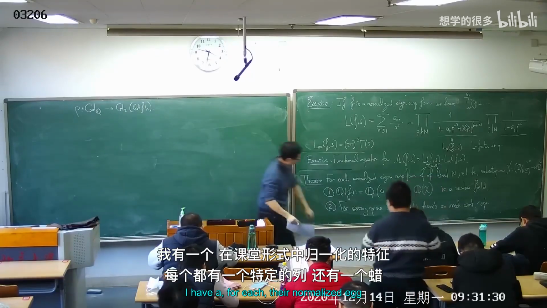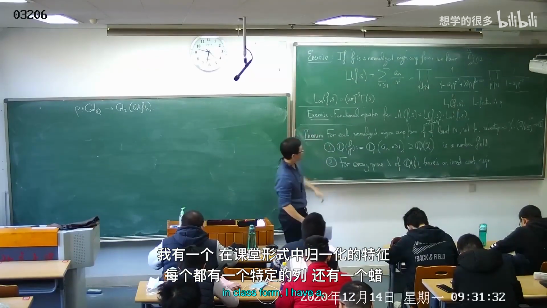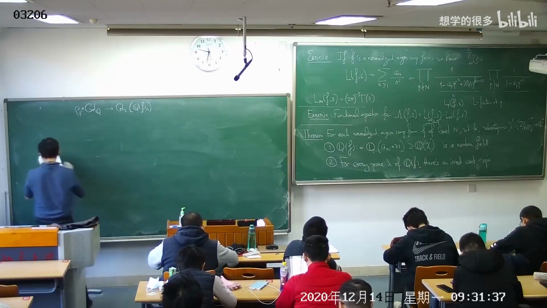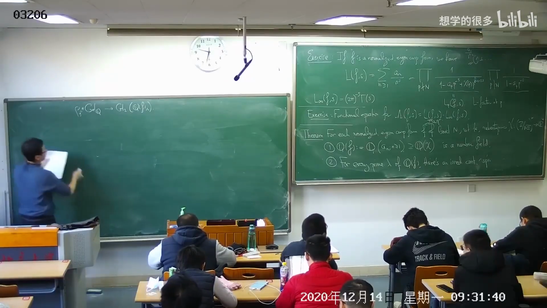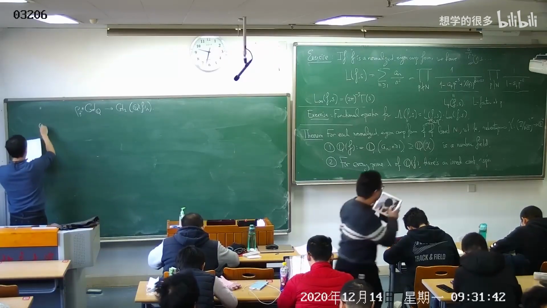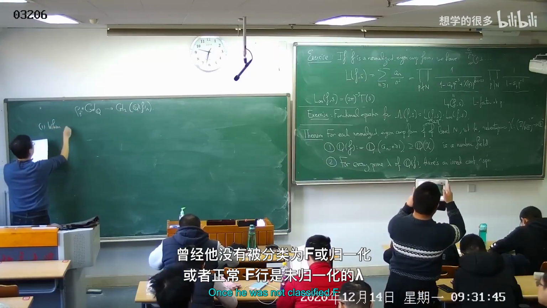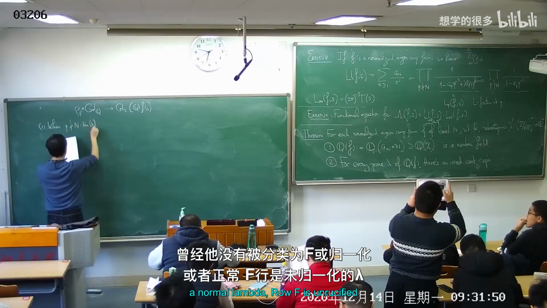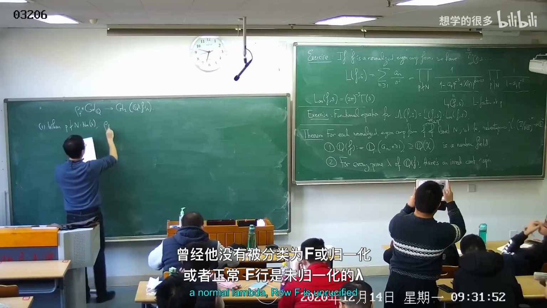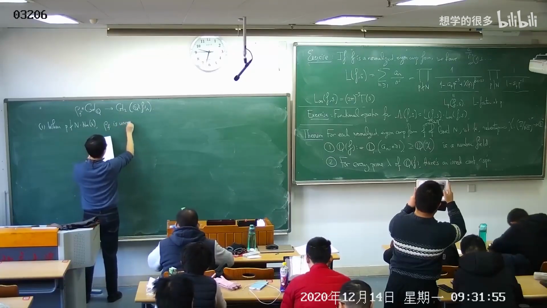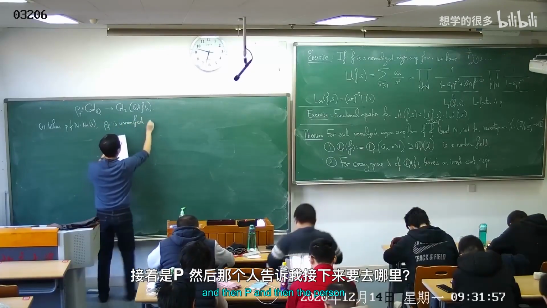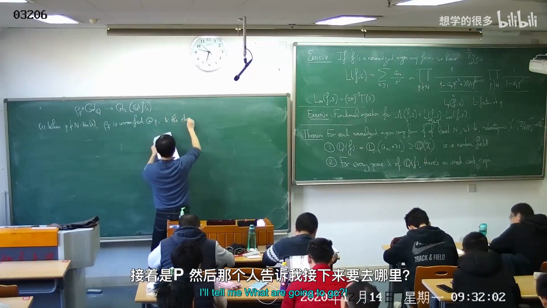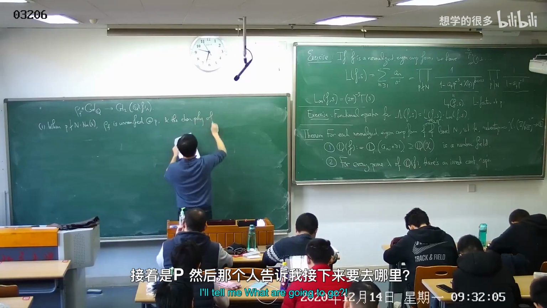So for each normalized eigenform F, I have an associated Galois representation rho_F of G_Q, such that when p does not divide N and lambda, rho_F is unramified at p, and the characteristic polynomial of Frobenius at p for rho_F is x squared minus a_p x plus chi(p) p^(k-1).